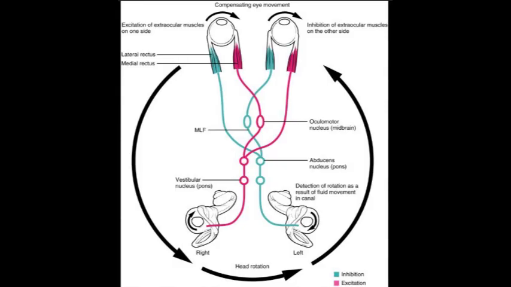At the same time, this will also inhibit the lateral rectus in the right eye and the medial rectus in the left eye, and thus it enables your eyes to remain fixed on an object despite your head movements.